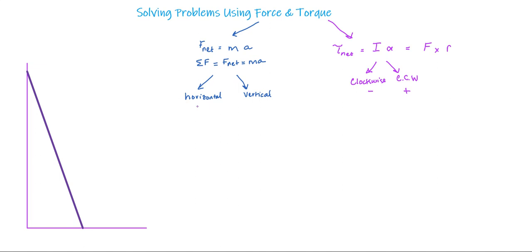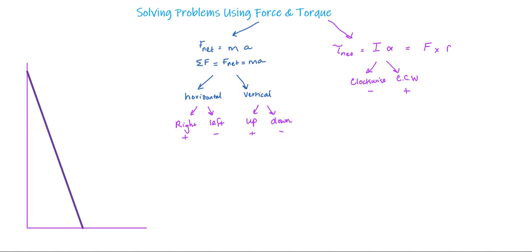Now, if we think about horizontal, we would symbolize to the right or to the left with, I'm just going to pick, positive for right and negative for left. Vertical, we would have up and down, and I'm going to pick a traditional system, where up is positive and down is negative.